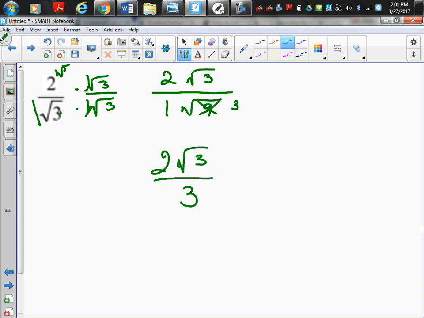You cannot have a root, a negative, a fraction, anything like that in the denominator. So this one had a root, so I had to get rid of my root. Alright.